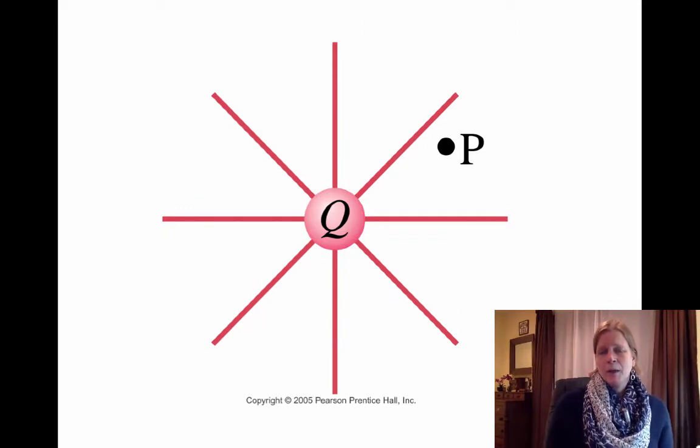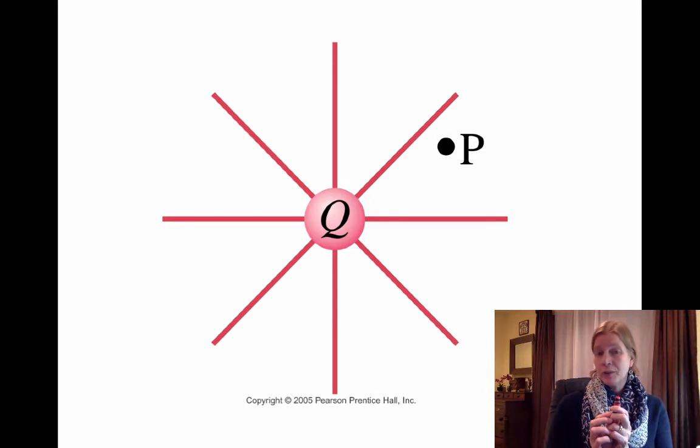You've got your charge there in the center, and those lines are showing you electric field lines from that charge. If it's a positive charge, electric field lines will be radially outward. You can make a couple observations here that I'll repeat later: those electric field lines go radially outward from your charge.